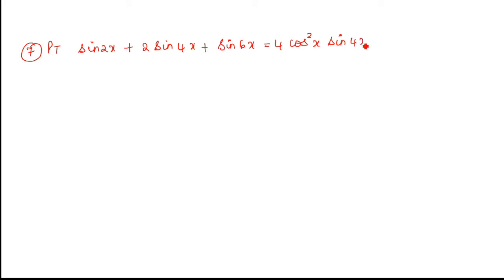So question number 7. Prove that sin 2x plus 2 sin 4x plus sin 6x is equal to 4 cos square x into sin 4x. 4 cos square x into sin 4x.